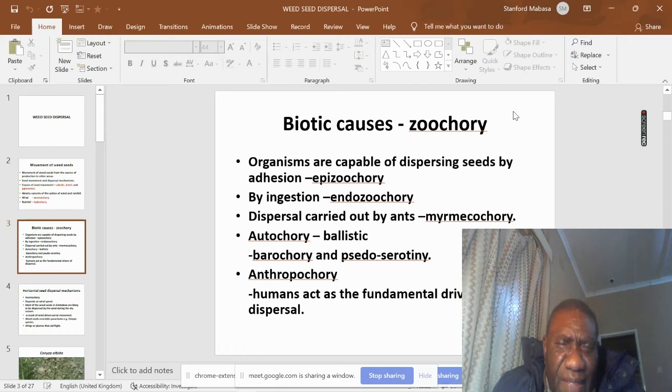We also have these terms barochory and pseudoserotiny, which I will explain later, where the dispersal may not have special mechanisms. Anthropochory is the dispersal which involves humans as fundamental drivers of dispersal.